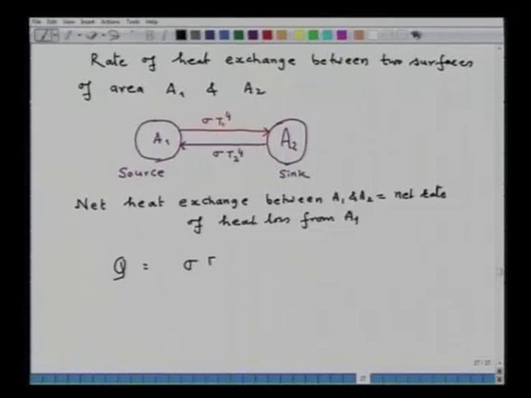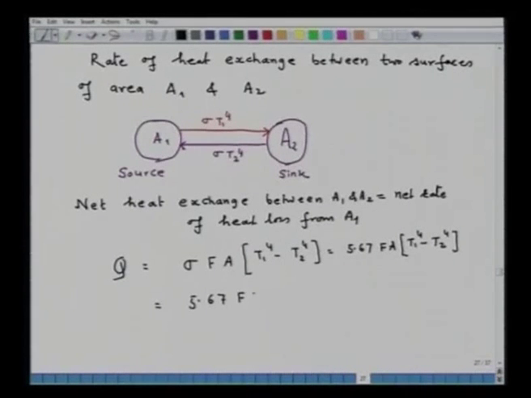Sigma is the Stefan-Boltzmann constant, into F into A, into T1 to the power 4 minus T2 to the power 4, which is equal to 5.67 into F into A into T1 to the power 4 minus T2 to the power 4, or we can also write 5.67 F into A into (T1 upon 100) to the power 4 minus (T2 upon 100) to the power 4.